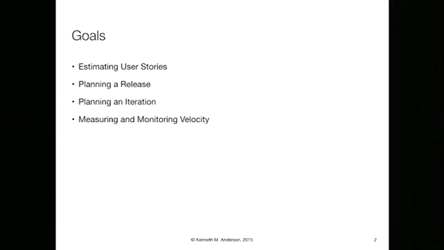So the topics are, when you're within an agile life cycle, what do you do to estimate the user stories that you have been generating, and then with those stories, use them to help plan out releases and iterations. And then once you're underway and you're actually working on an iteration, how do you measure and monitor what agile life cycles call velocity? We will define those terms as we move forward.